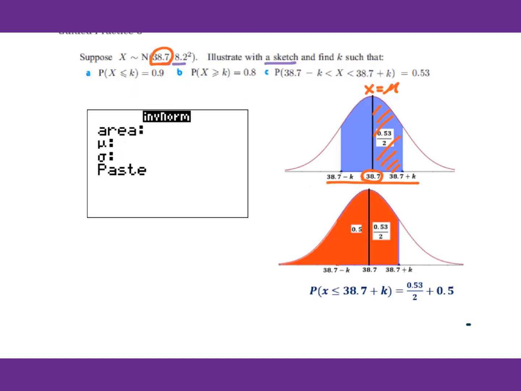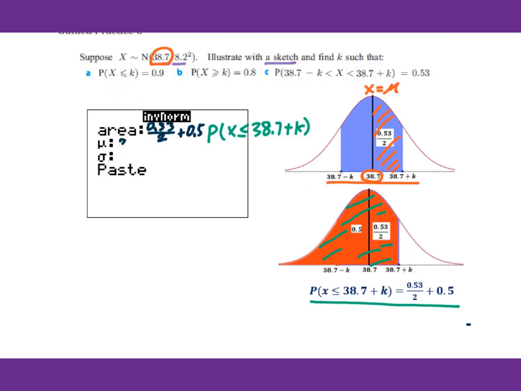Since we only use the probability value that x is less than or equal to something, over here is 38.7 plus k. Therefore, this shaded area will be 0.5 plus 0.53 over 2, like this. So we put into this area 0.53 over 2 plus 0.5.